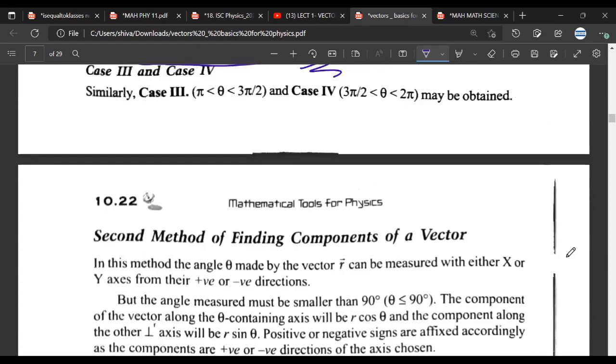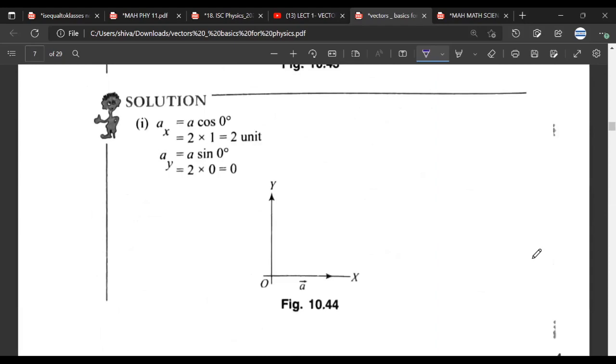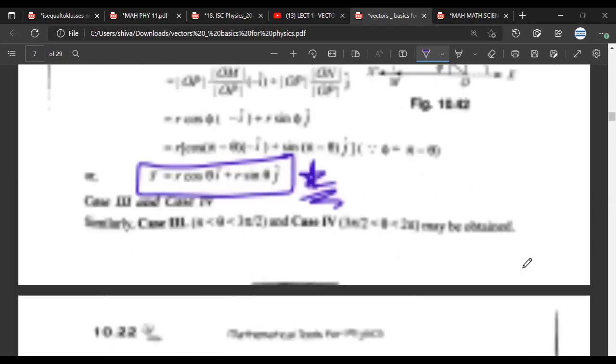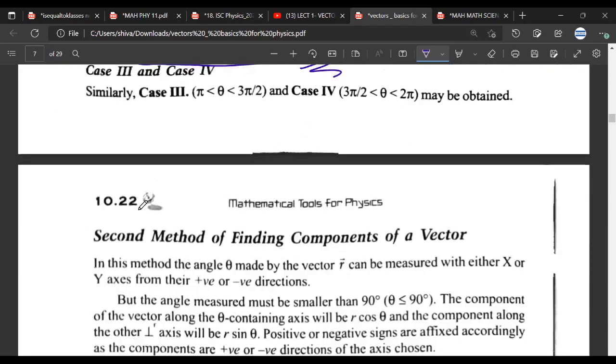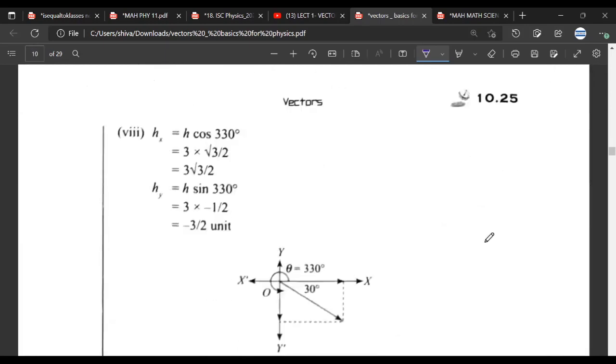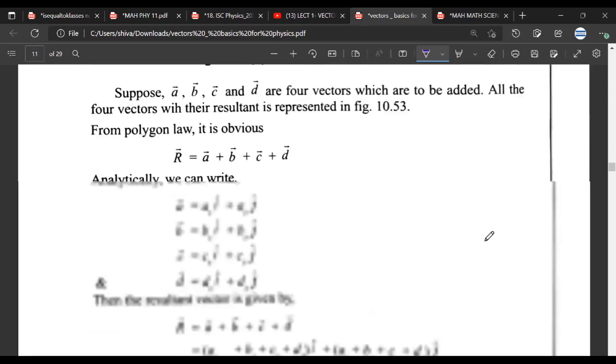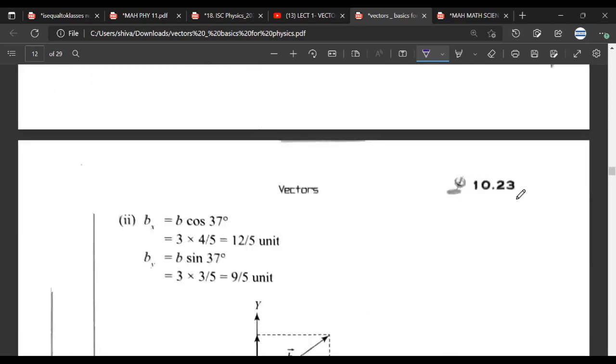Page 22. See, this next page is faded. I'll show you. This is 22. This next page, 23, is faded. So you'll have to go a bit further, 24, 25, 26. Yeah, here you will get 23.